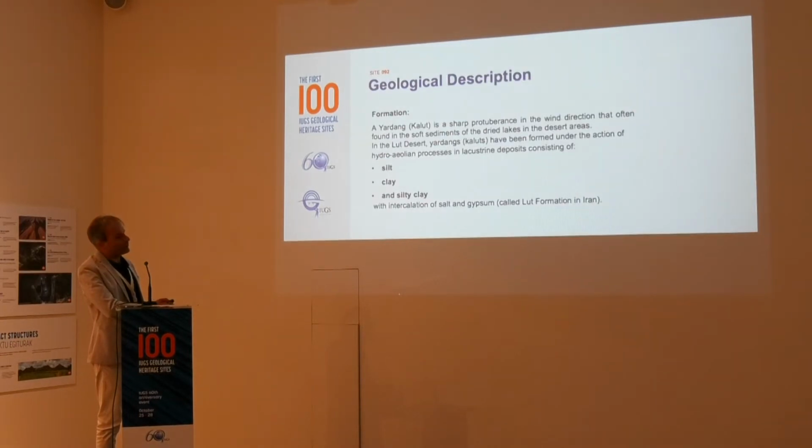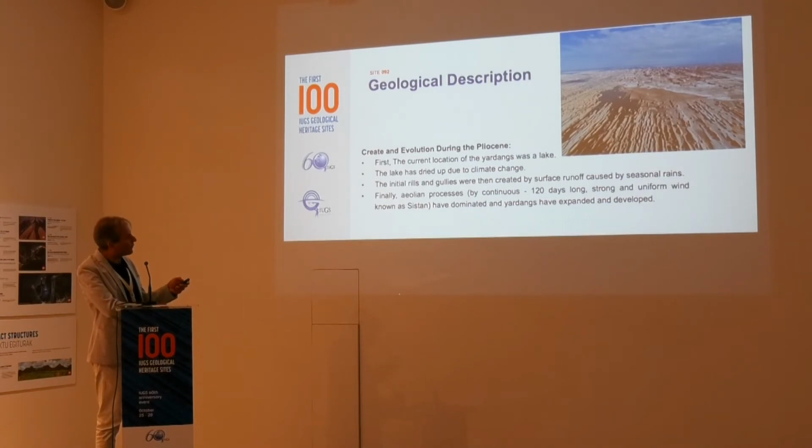The Lut Desert formation is mostly silt, clay, and silty clay, with some intercalation of salt and gypsum. We call this the Lut formation, and it can be found only in this area. It was a result of the hydro-aeolian process.